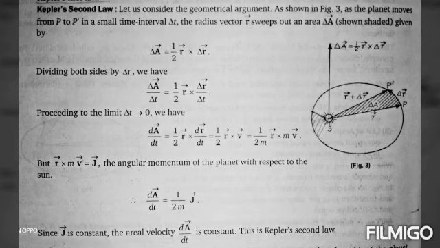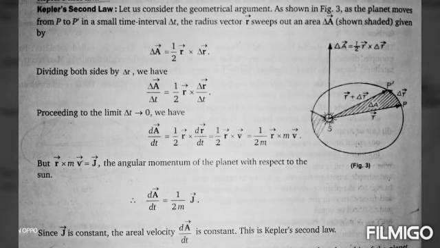m is constant, as the mass of the planet will always remain constant, and we have just proven in the previous equation that J, the angular momentum of the planet, always remains constant. So m and J are both constant. That means dA by dt, that is the areal velocity, will again remain constant.